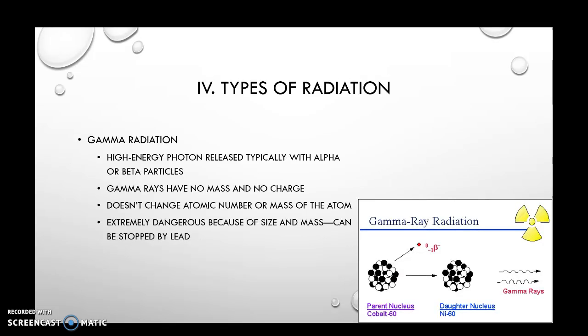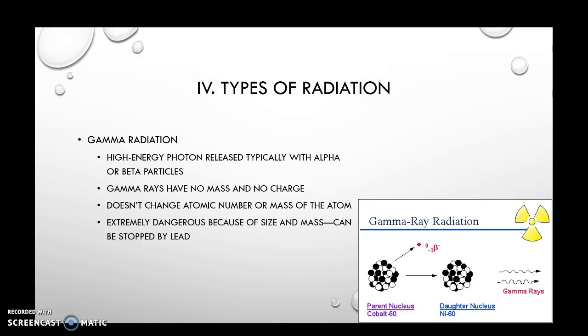Finally, the most penetrating and most harmful type of radiation is gamma radiation. This is a very, very high energy photon. And remember, photons are actually smaller than protons; the photons actually make up the protons. This is kind of like a byproduct. When you have alpha and beta particles occurring, the gamma rays come as a byproduct because of the splitting of the nucleus.